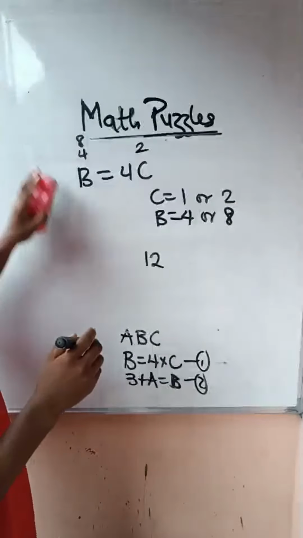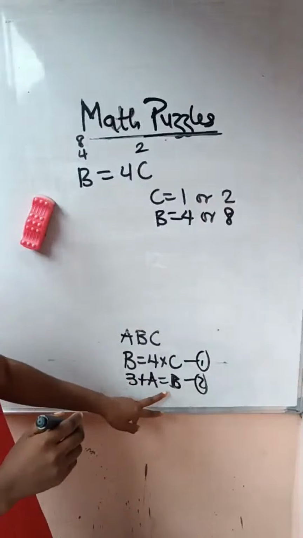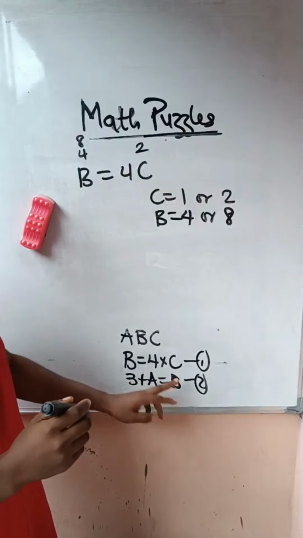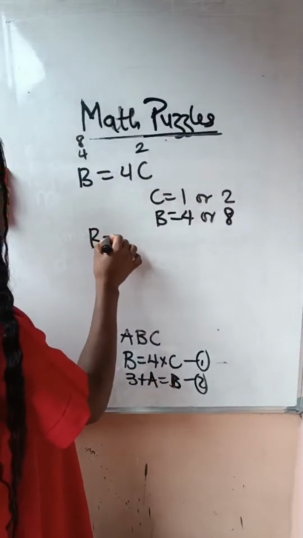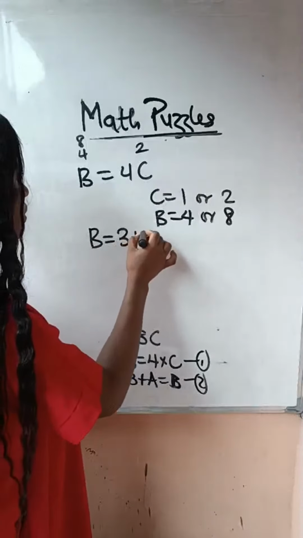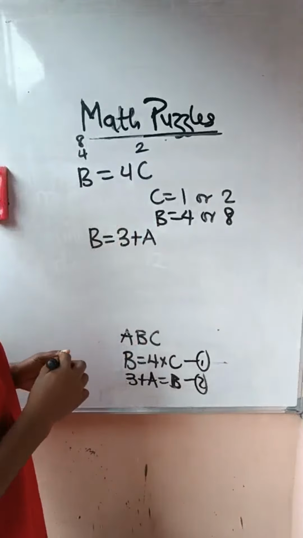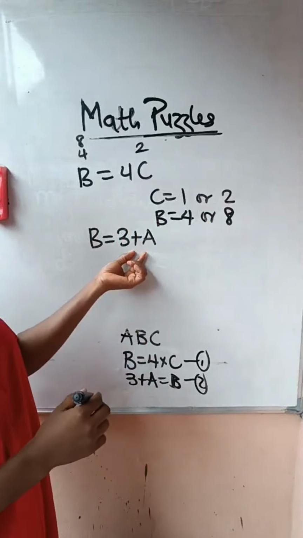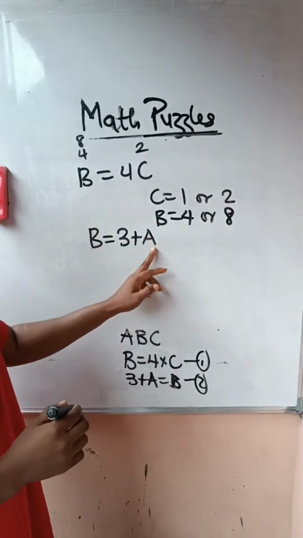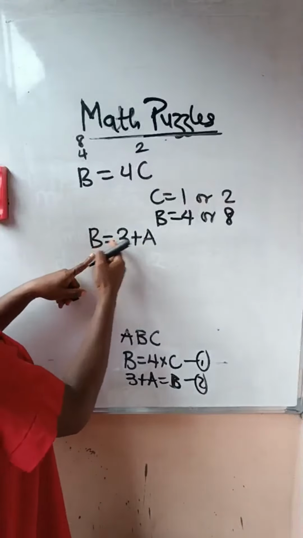Now remaining our A. Remember that 3 plus A is equal to B. So we also have that B is equal to 3 plus A. Then we are going to substitute these values of our B here to get our A. The first value of B is 4.